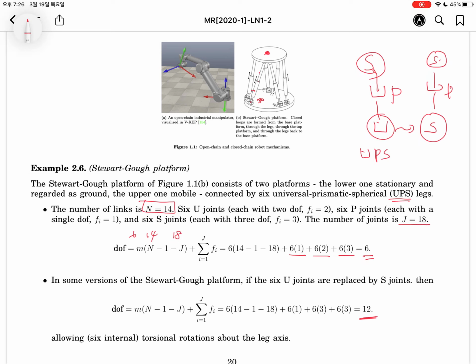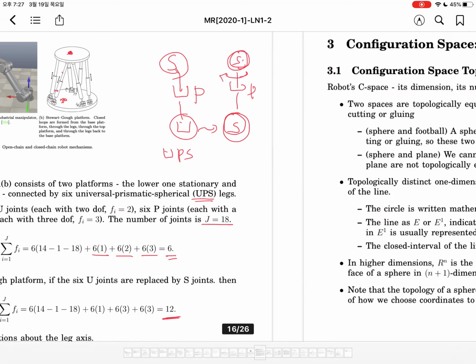In this case, we will get 12. Why do we have 12? It depends on the 6 internal motions. Between the spherical and the spherical, we have the internal motion. It does not affect the end effector of this robot system.